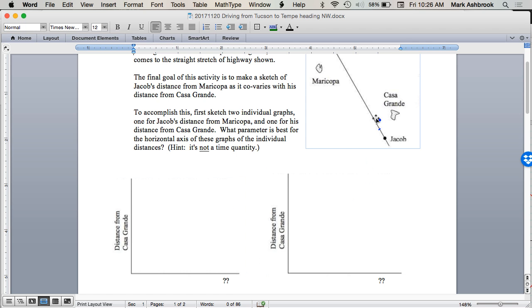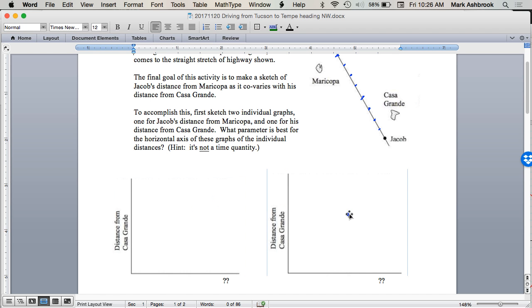So look at equal amounts of distance to generate some ordered pairs for both graphs. And then you can track his distance from Casa Grande as a function of how far he's traveled down the road, and the distance from Maricopa as a function of how far he's traveled down the road. And you can covary those.